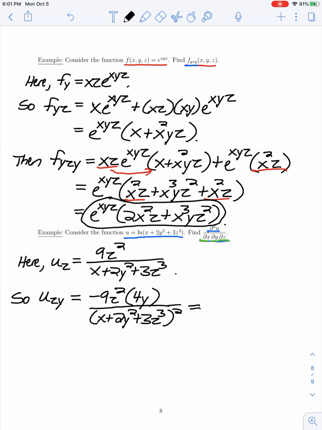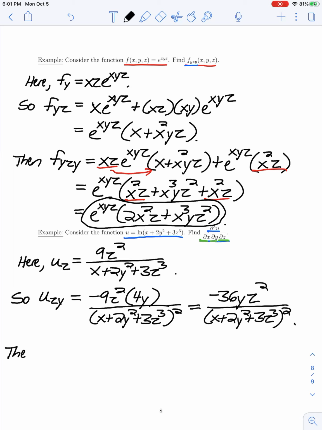Or simplifying a little bit, we have negative 36 yz squared over x plus 2y squared plus 3z cubed quantity squared.